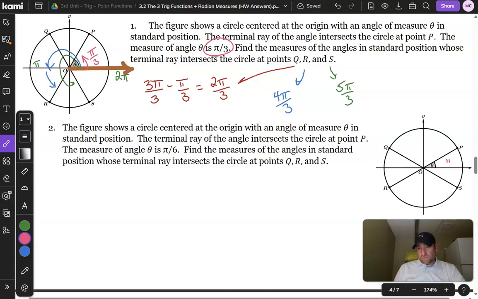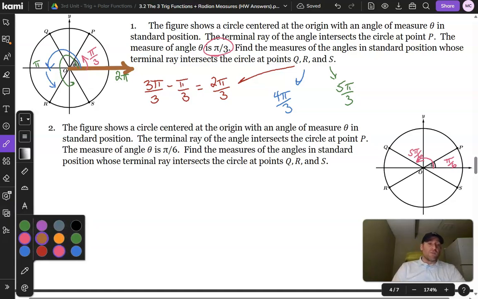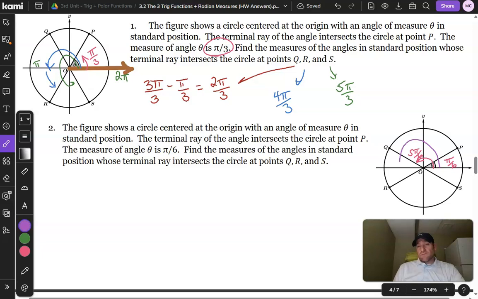Now, a similar idea is going on with the next one, only now we're told that theta is pi over 6. We generated the unit circle today, or at least the angles in radian measures of the unit circle. So if that's pi over 6, then that right there is 5 pi over 6, a full pi minus one of the pi over 6's. That one right there is a full pi, halfway around the circle, plus an extra pi over 6.